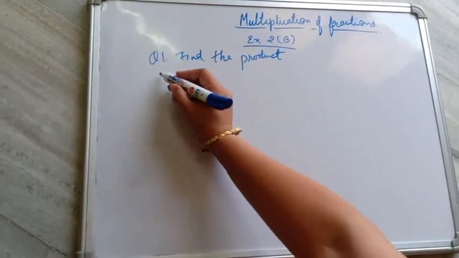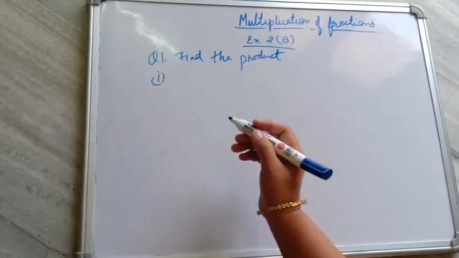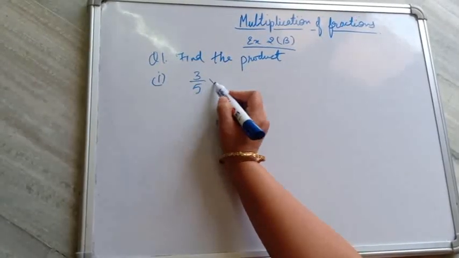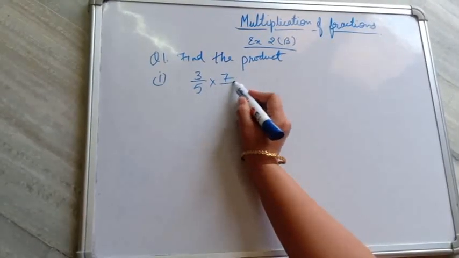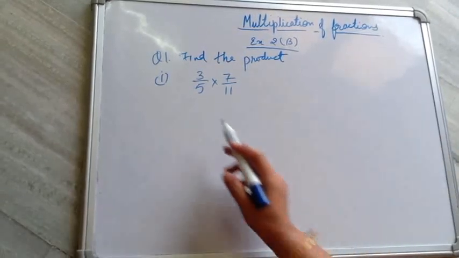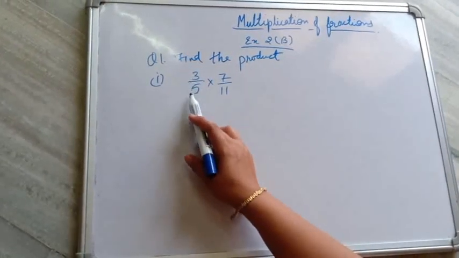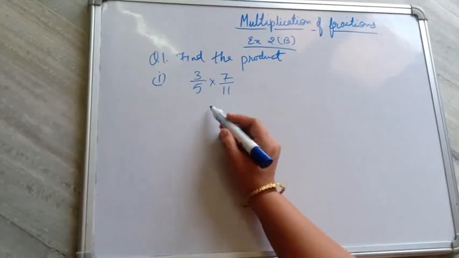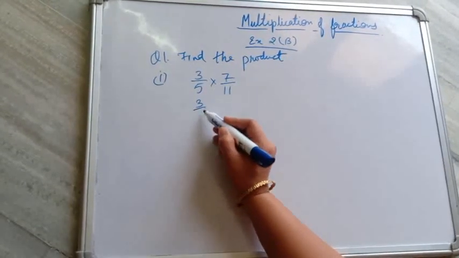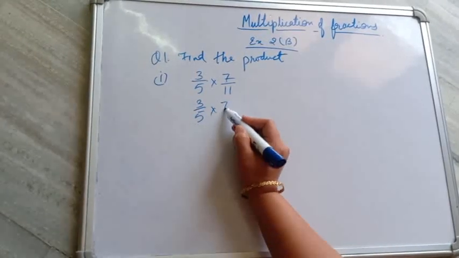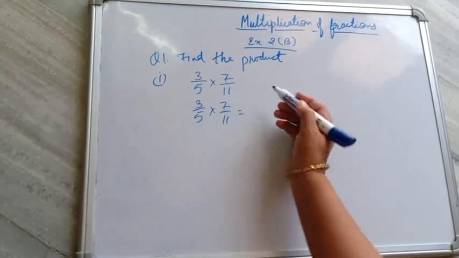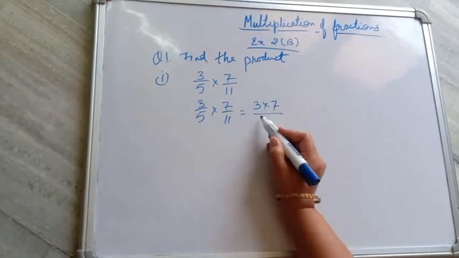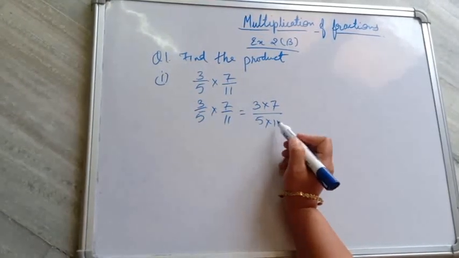Now its first part is 3 by 5 multiplied by 7 by 11. This is the first fraction, A upon B, and that is C upon D. So 3 upon 5 multiplied by 7 upon 11 is equal to 3 multiplied by 7 upon 5 multiplied by 11.